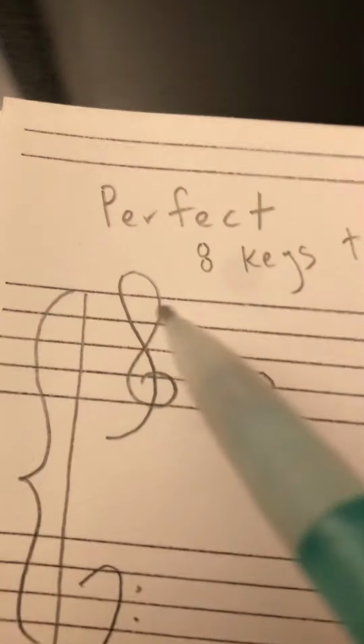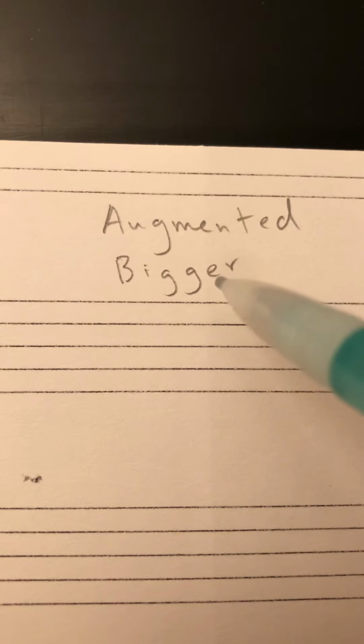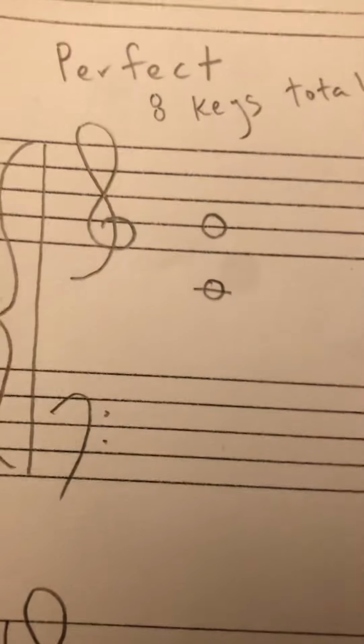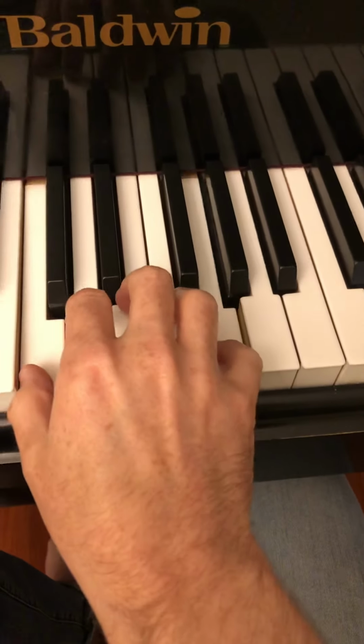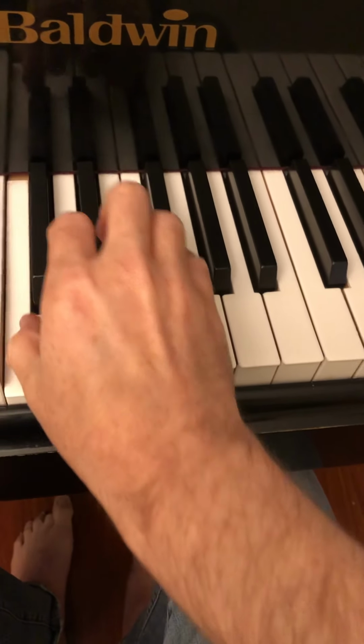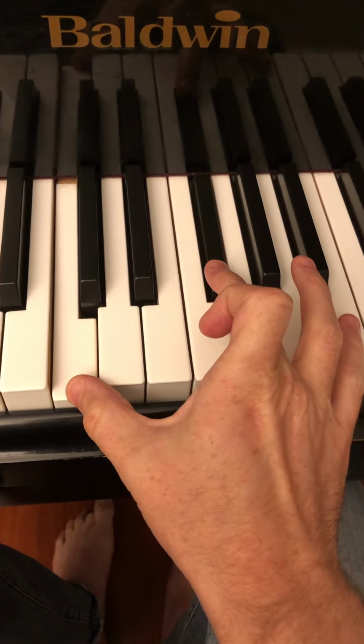So you have the perfect, you have a smaller version, and you have a bigger version. So let me show you what a diminished fifth would look like. If this is a perfect fifth, in order to make it diminished, the top note would go down. That is a diminished fifth.